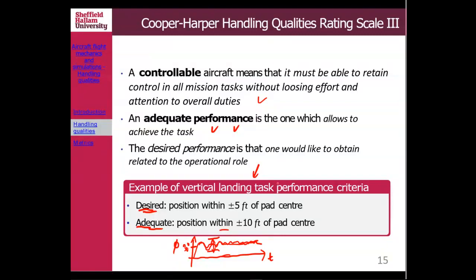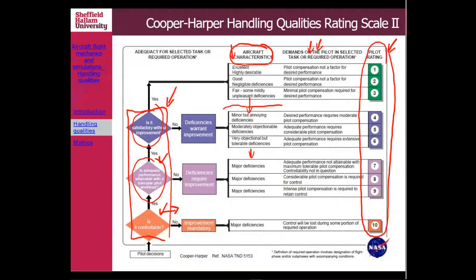Then it's very important also, because when we talk about Cooper Harper, that is about your aircraft characteristic. But you need to also assess how busy the pilot is to conduct that 30-degree bank angle, right?